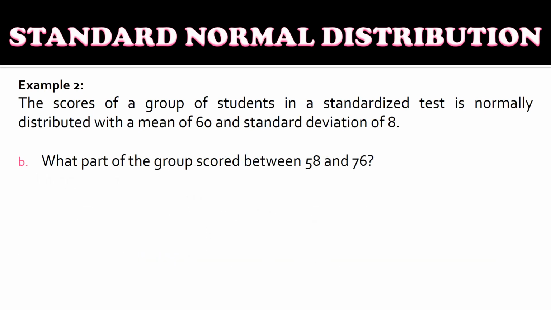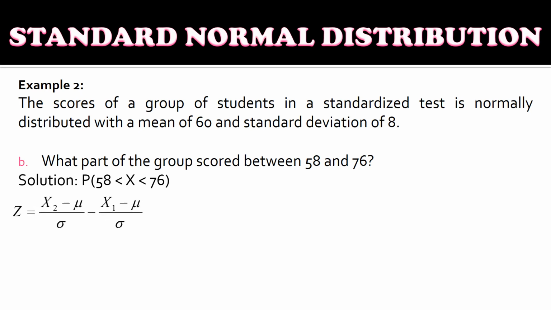To solve for B, what part of the group scored between 58 and 76? Just rewrite that. So we will have probability of x is greater than 58 but less than 76, since we're looking for the between score. So the formula, we have z equals x sub 2 minus mean divided by the standard deviation minus x sub 1 minus mean divided by the standard deviation.